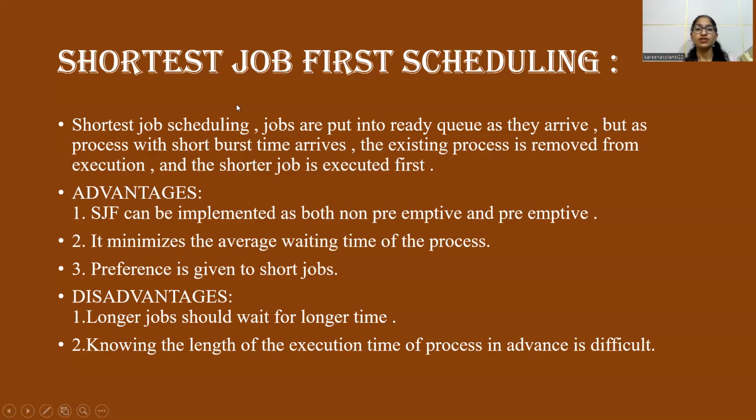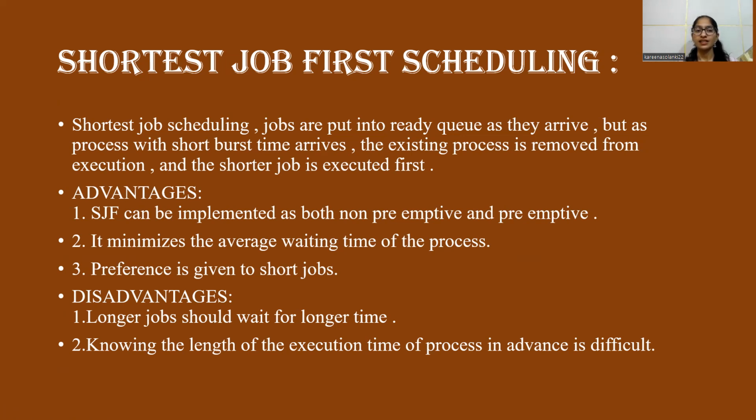The next one is shortest job first. In shortest job first scheduling, jobs are put into the ready queue as they arrive. But when a process with a shorter burst time arrives, the existing process is removed from execution and the shorter job is executed first.